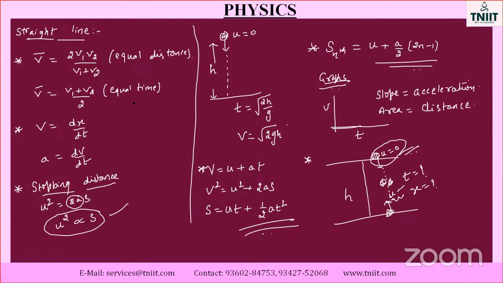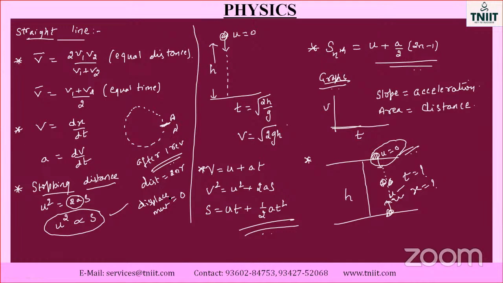And one more, remember, students, whenever the particle is moving in a circular track, after completing one revolution, the distance covered will be 2 pi r, the circumference, and the displacement value will be 0.